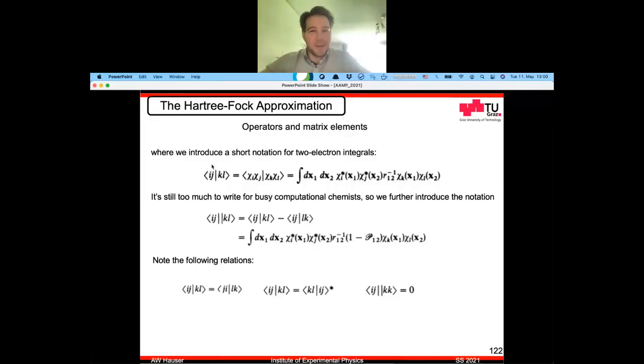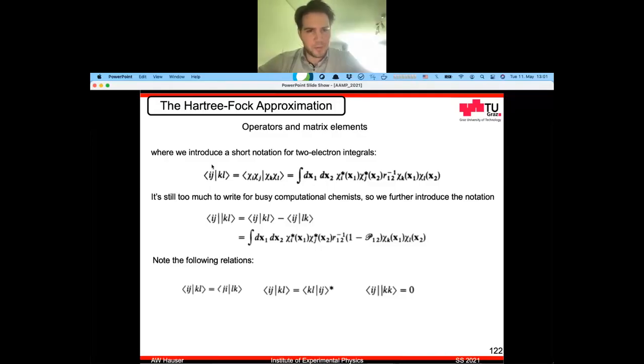So this is a very free and probably not so refined, but very effective way of handling this in the book of Szabo and Ostlund. But for you as physicists, you know the background of Dirac theory and the method itself. So just to make this link, what we see here is what you get when you introduce a continuous basis and represent the whole state in this basis of electron coordinates.